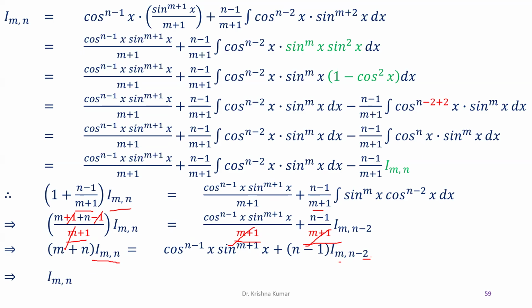So therefore, Imn equals sine to the power m plus 1 x into cos to the power n minus 1 x upon m plus n, plus n minus 1 upon m plus n into Imn minus 2.